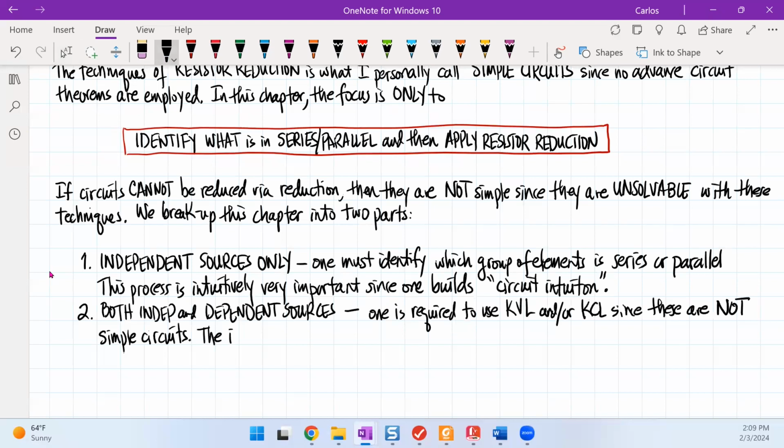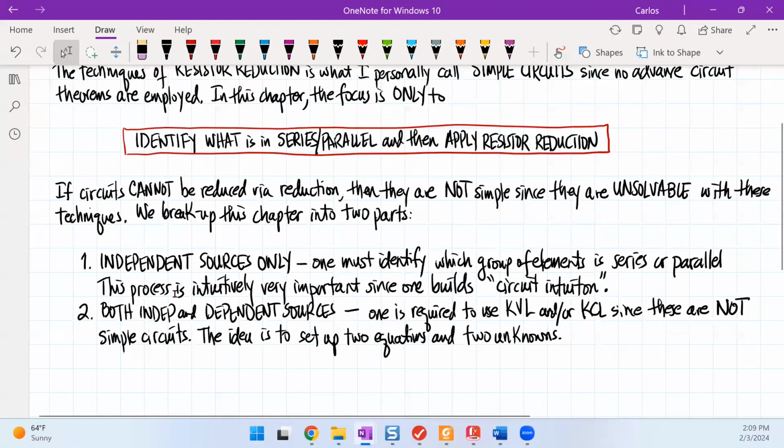The idea is to set up two equations and two unknowns. Sometimes it's KVL and KCL, sometimes it's KVL and Ohm's law. It depends on the circuit.